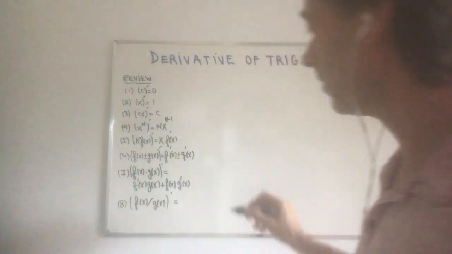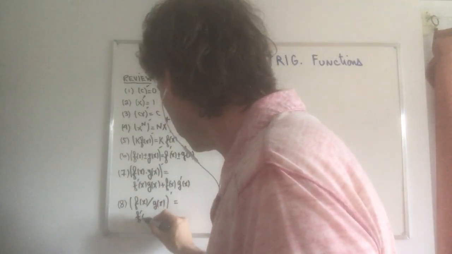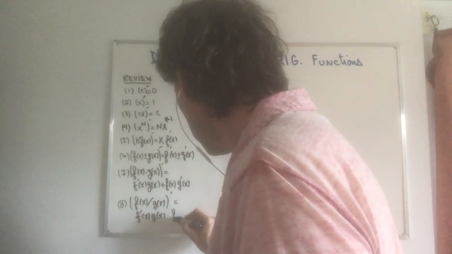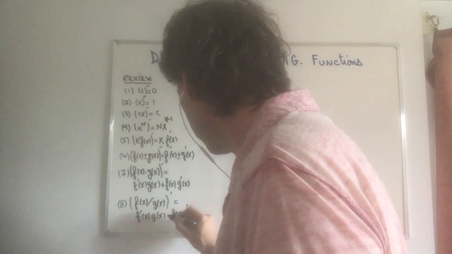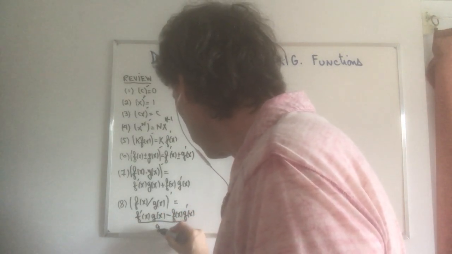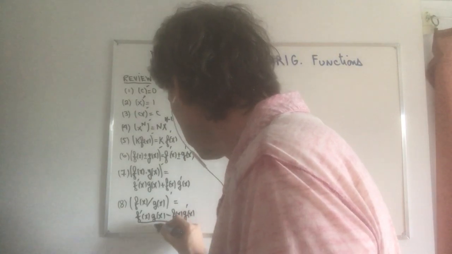I'm also going to put this one under. It's very similar, huh? The numerator is very similar to the product rule, f prime g and f g prime, except instead of a plus it's a minus, and we divide the whole nine yards by g of x squared.